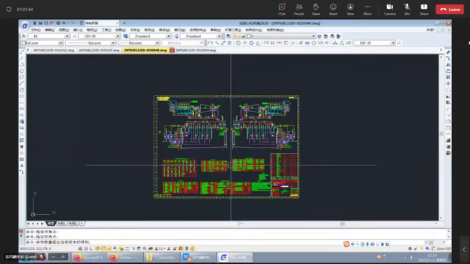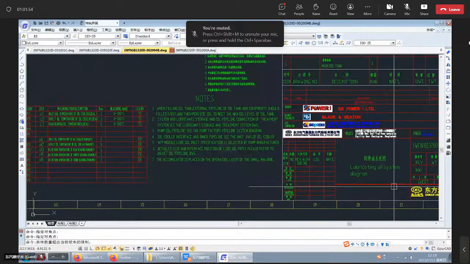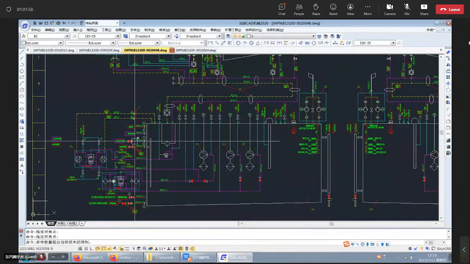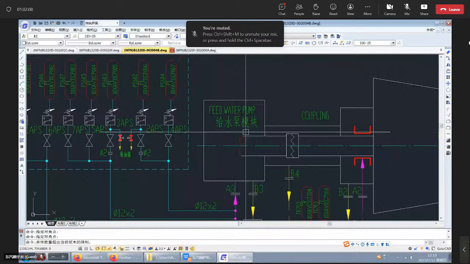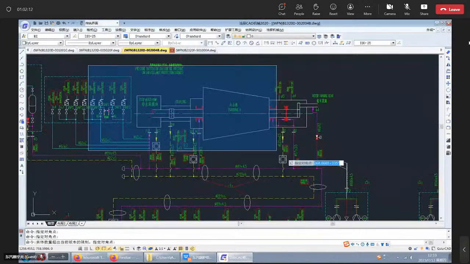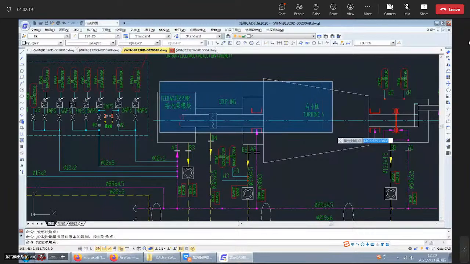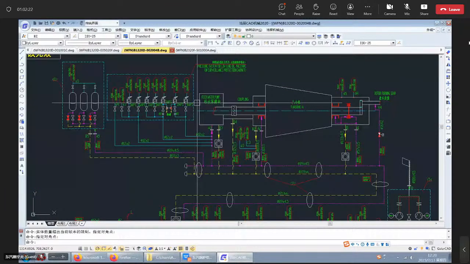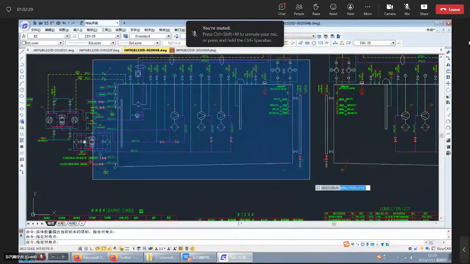This picture is the lubricating oil system. The oil is supplied from the main oil tank to our small steam turbine and the feed water pump. Where does the oil go?